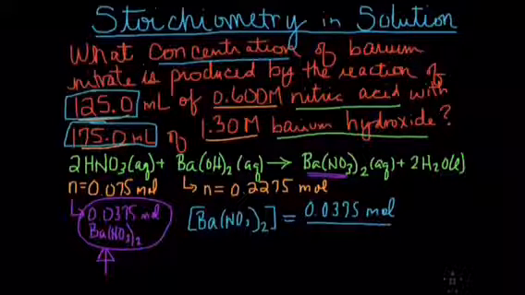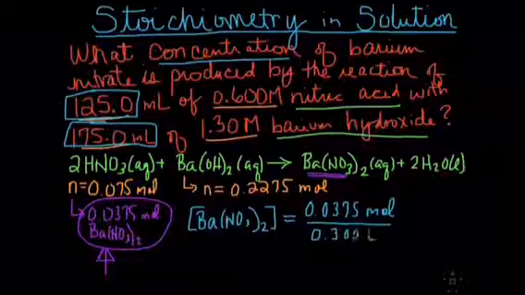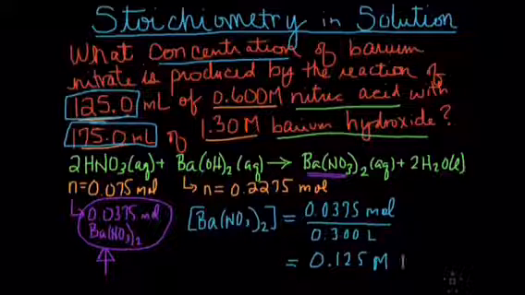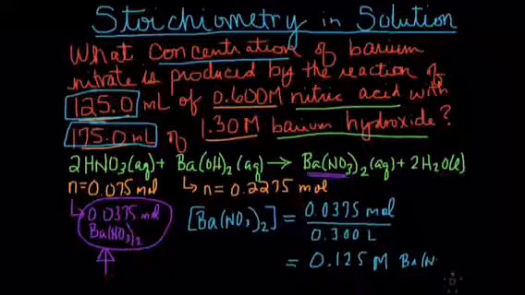And we want to get this into liters because we want concentration in molarity usually. So 125 plus 175 milliliters equals 300 milliliters, or 0.300 liters, which gives us a final concentration of 0.125 molar barium nitrate.